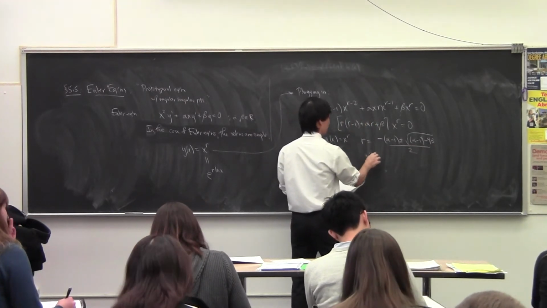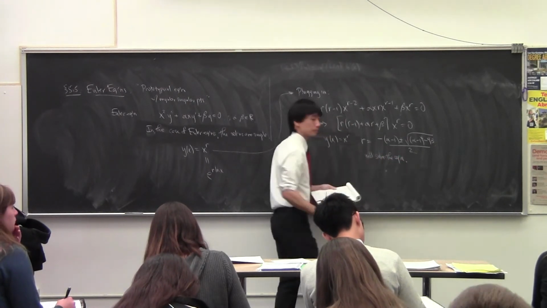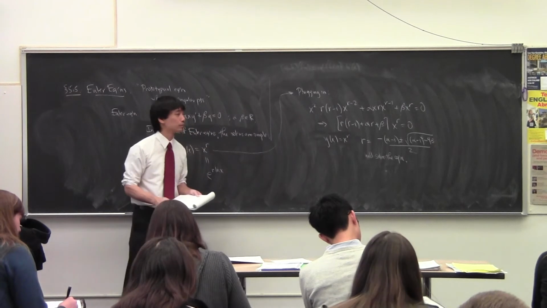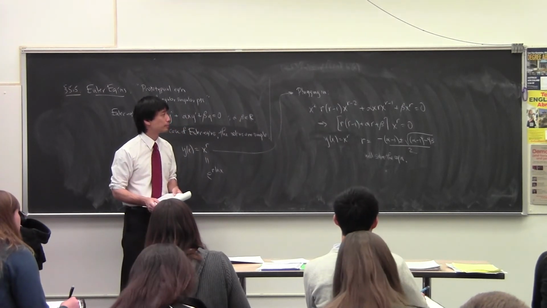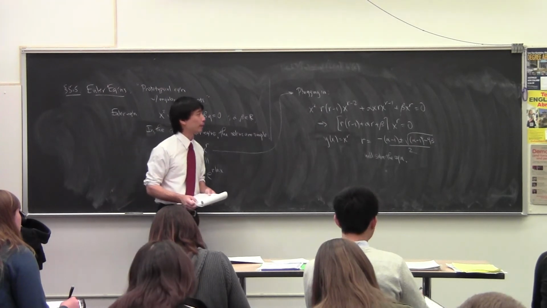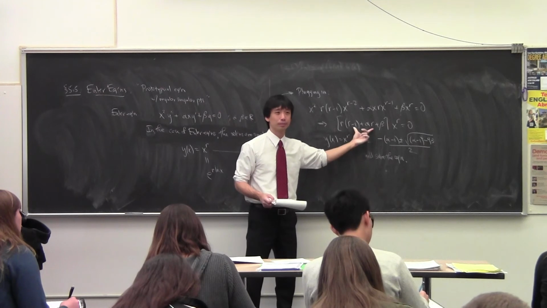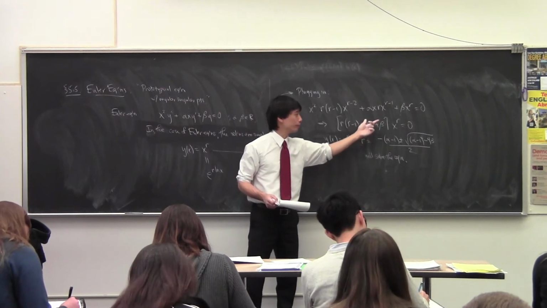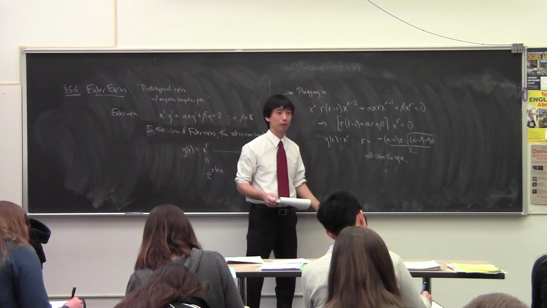We'll solve the equation. Right, because you would want this to be the 0 function, this coefficient has to be 0, and you solve for r.